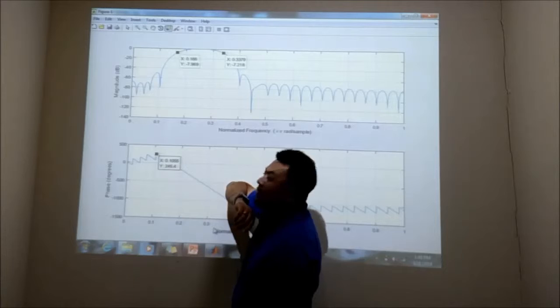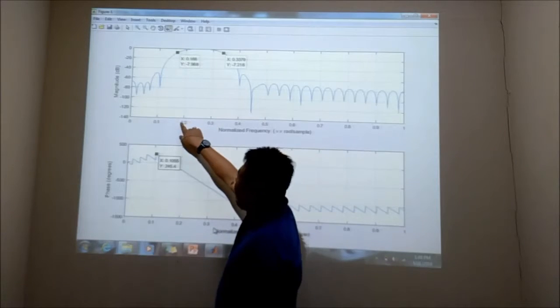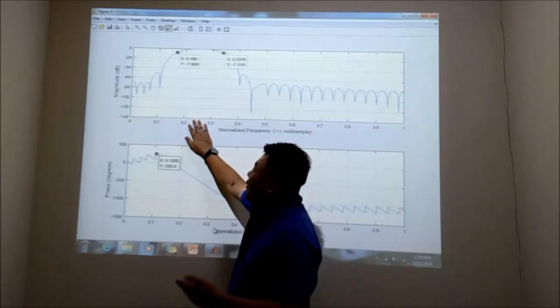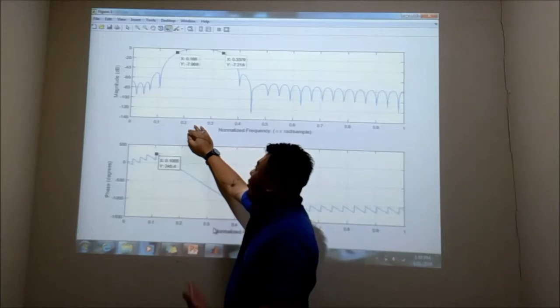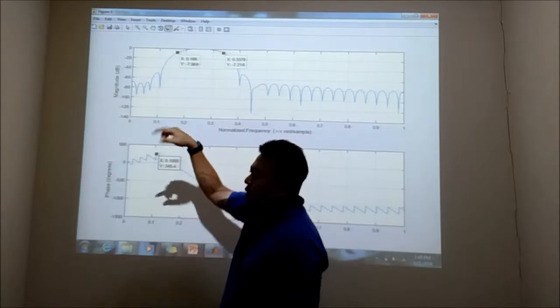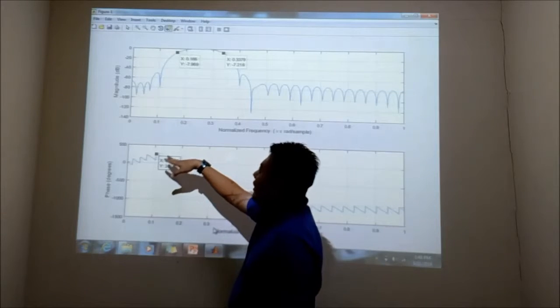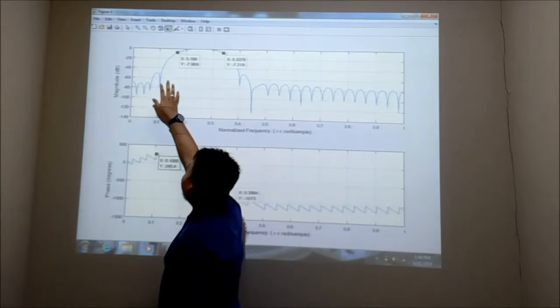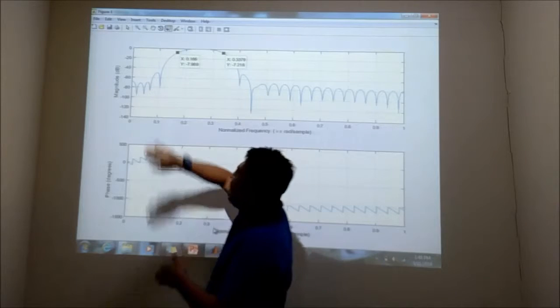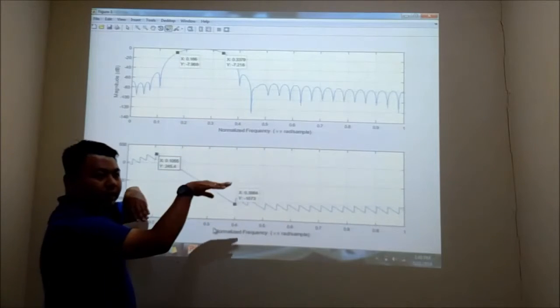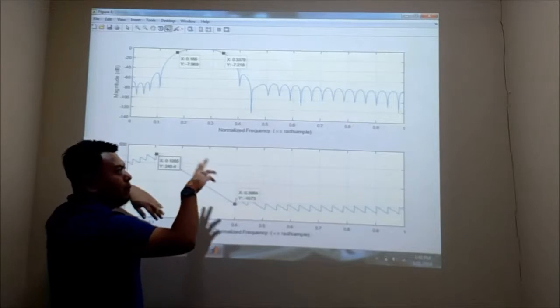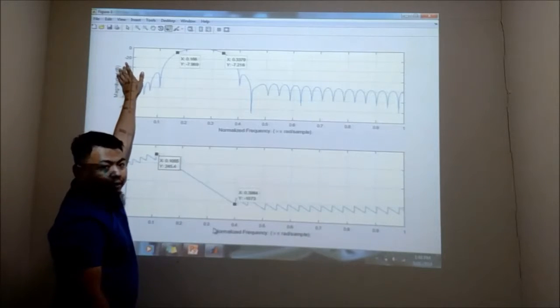For a band pass filter signal, we can get the high cut-off frequency and also the lower cut-off frequency. In theory, for a band pass filter, we will get the value here. The level of cut-off for a band pass filter is negative 3 dB.